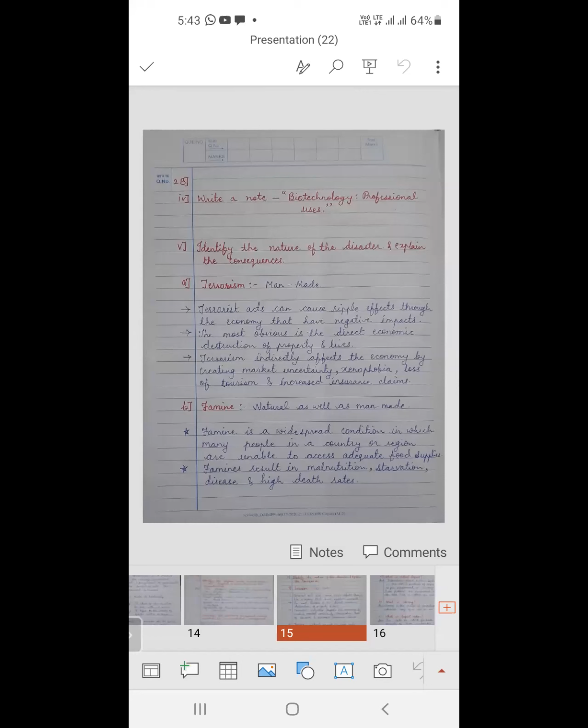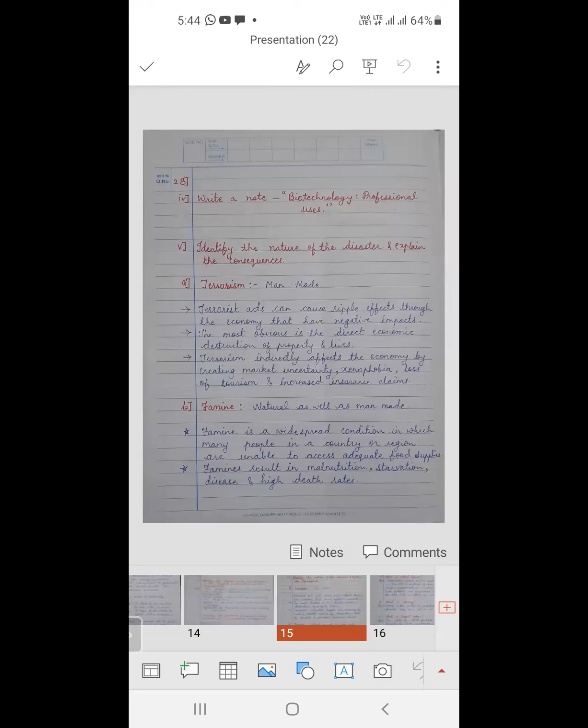There is economic destruction of properties and lives also. So many properties get destroyed, and many people's lives are destroyed. So it has a negative impact on our economy and life.